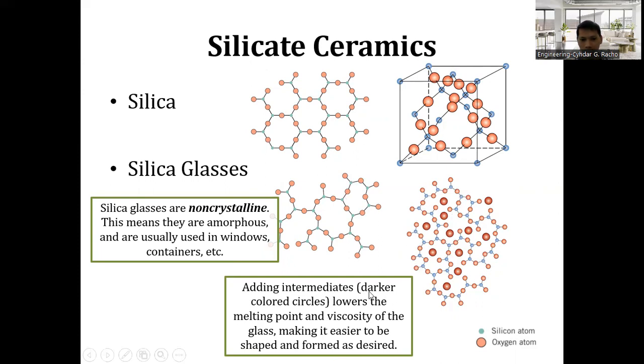Adding the intermediate darker colored circle lowers the melting point and viscosity of glass, making it easier to be shaped and formed as desired. That is why some manufacturers favored glass, because it's easier to shape and form according to the specification that the company needs.